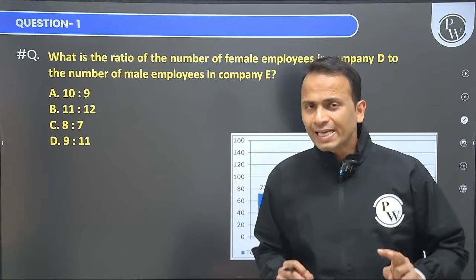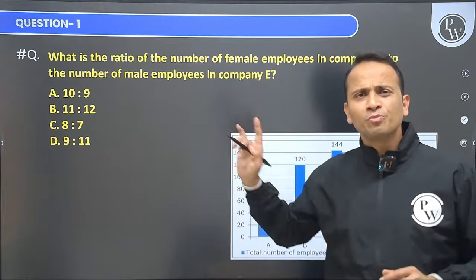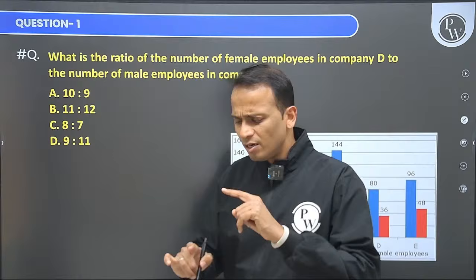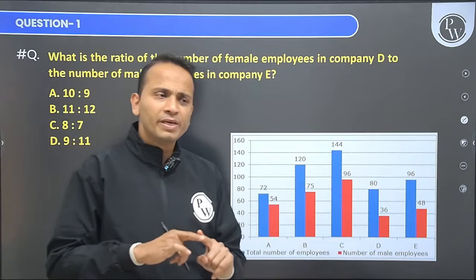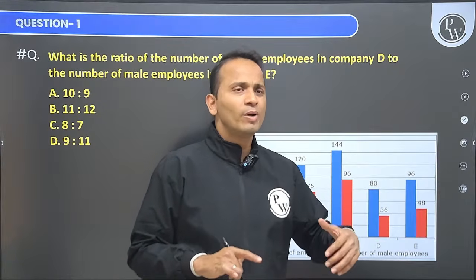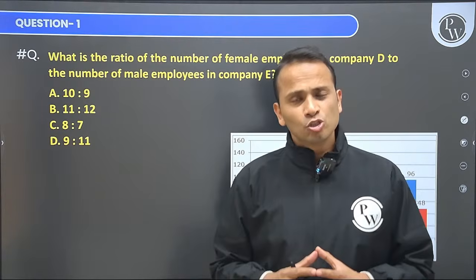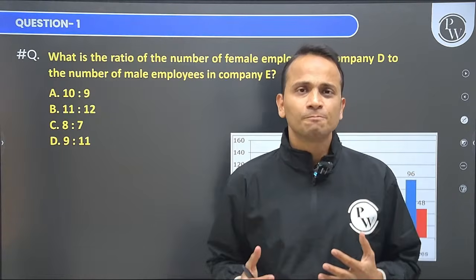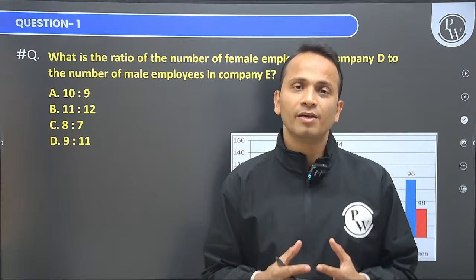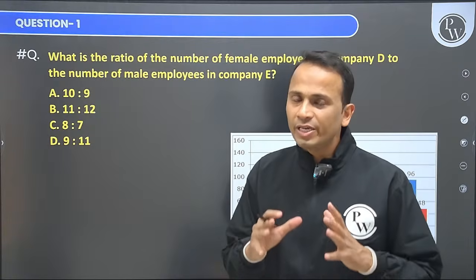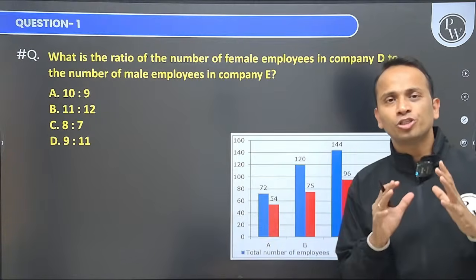Also, the second thing is, read the question properly. They are asking for number of females and you pick up number of males, then there will be a problem. So these mistakes happen when we are in a hurry. So at least read the question completely and properly.